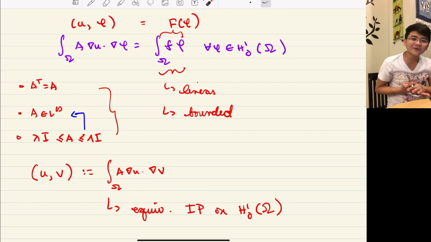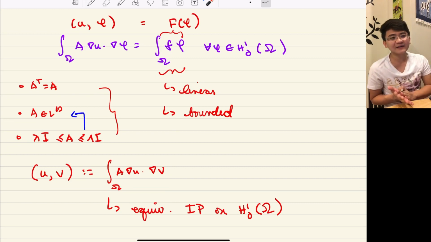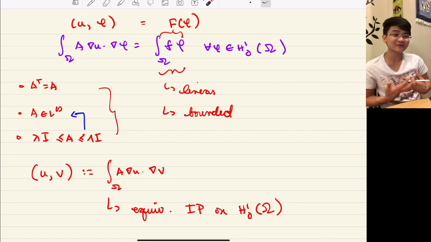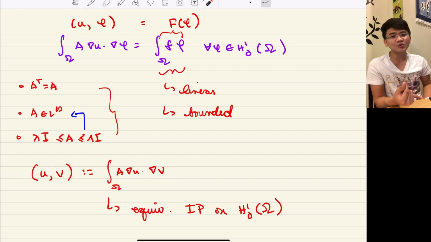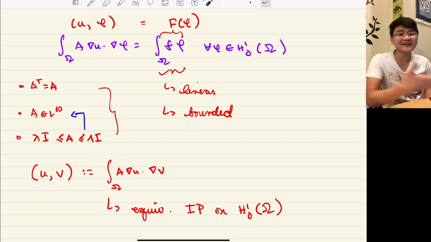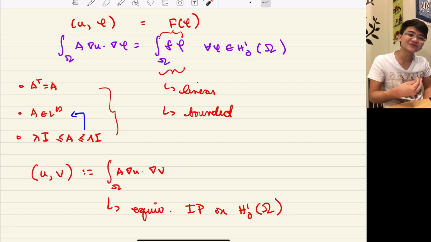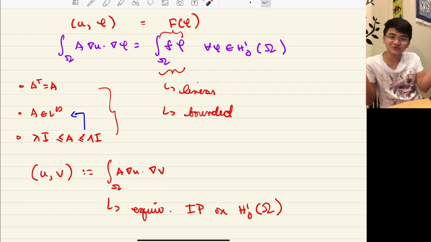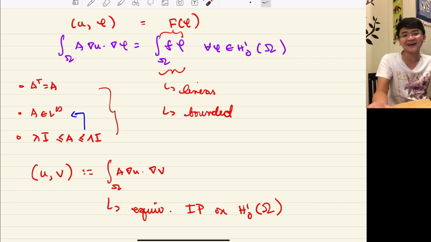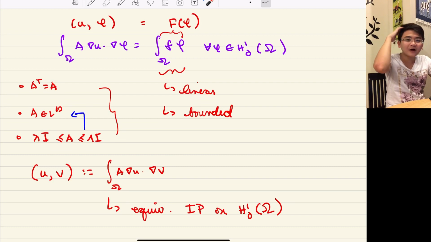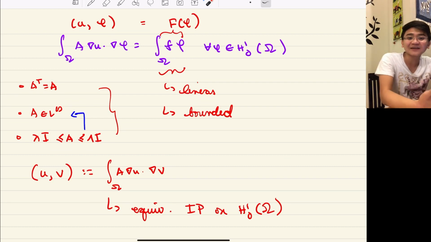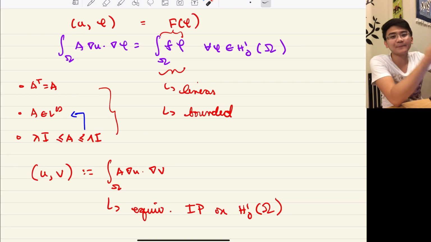So this is what I mean when I say that weak solutions, although they have less as compared to classical solutions, it's easier to show that they exist because you have access to, let's say in this example, geometric tools that otherwise you don't have if you look for them in the space where classical solutions are supposed to be in. So it's like I'm paying a price.